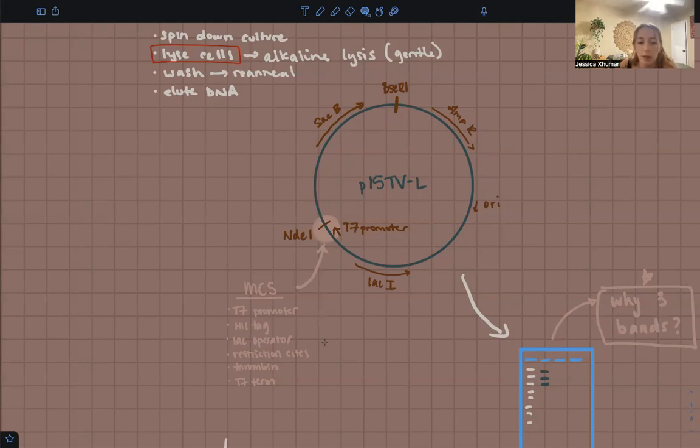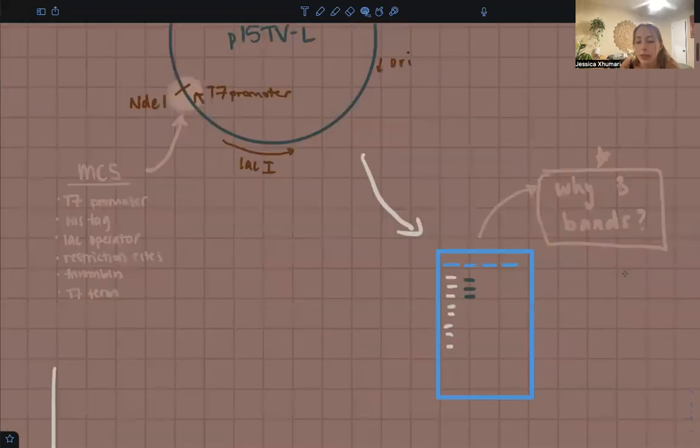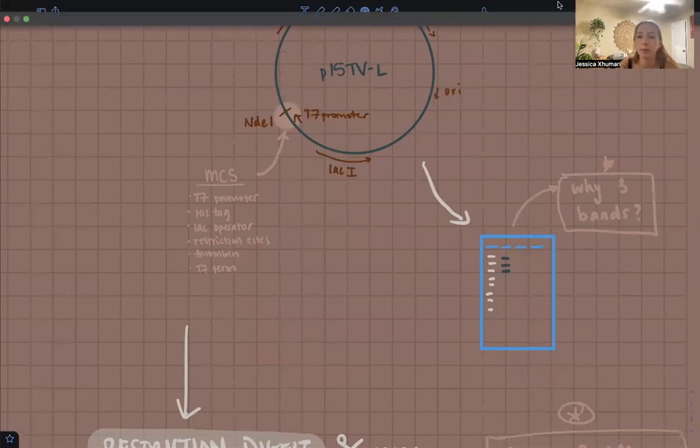And then we also have our T7 terminator. Another reminder here is that if you were to load a plasmid on a gel, it would most likely appear in 3 forms.